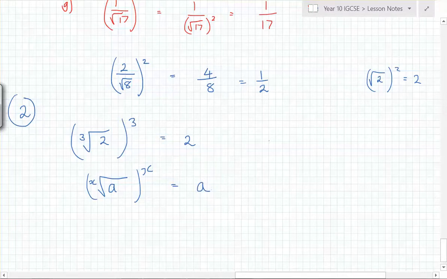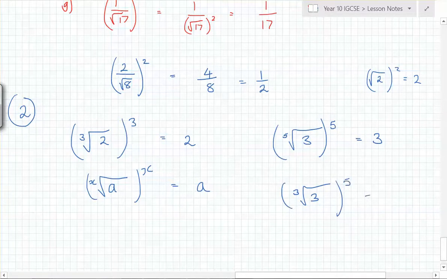For instance, 3 to the 5th, root to the power of 5, equals 3. But if outside was power of 5 and inside was a power of 3, so if I do the cube root of 3 to the power of 5, would it be 9?